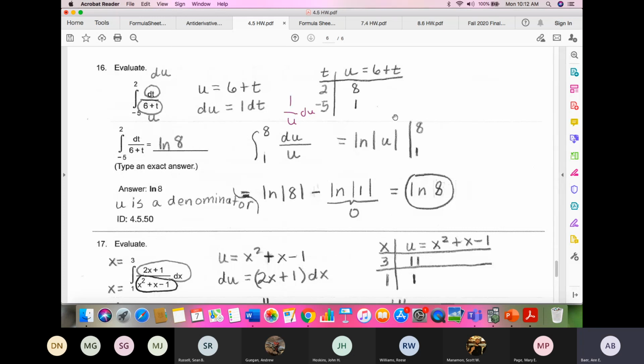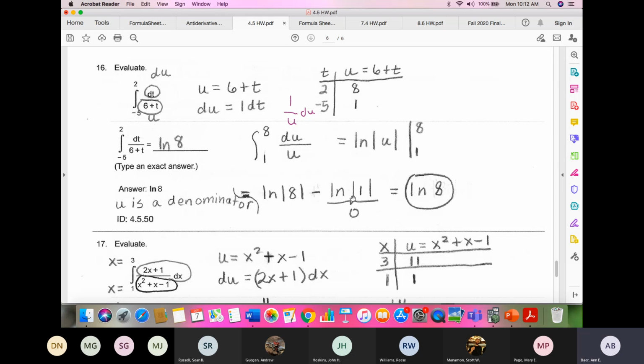So first we're going to plug in the largest number, 8, and get ln of the absolute value of 8, minus this number plugged in. So we're going to plug in u. We're going to put 1 in. We'll get ln of the absolute value of 1. And what do we get?